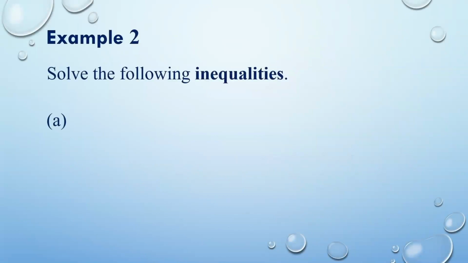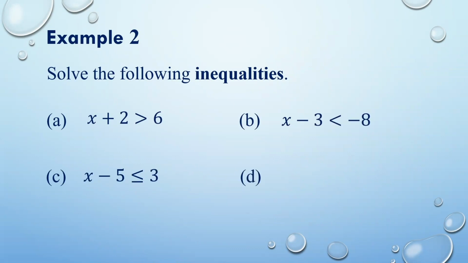We move on to the second example. Solve the following inequalities. So we have 4 parts in this example. The first part is x plus 2 greater than 6. Let us look at the solution. So I'm going to proceed just as when we have to solve an equation. So the additive inverse of 2 is -2.